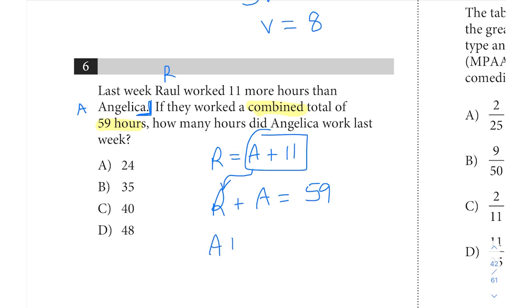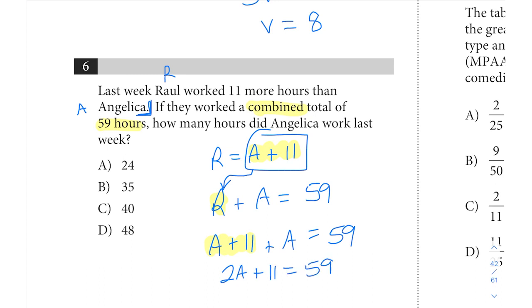So we can do simple substitution here. And we have A plus 11 in place of R. Again, I'll just highlight that so we can kind of follow along that color coding there. We're just replacing R with A plus 11 and then leaving everything else as is.